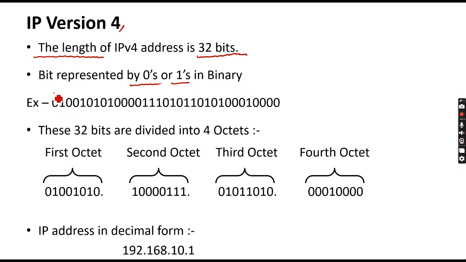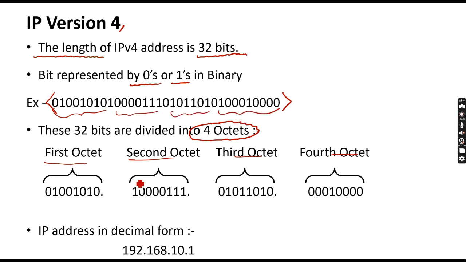For example, there are 32 binary bits, right? These 32 binary bits are separated into 4 octets, where you can see first octet, second, third and fourth. So first 8 bits, then second 8 bits, third and then fourth 8 bits, represented here in binary format. Now when you convert this, it is going to be in decimal format, and one octet is separated from the next octet by just giving a dot.